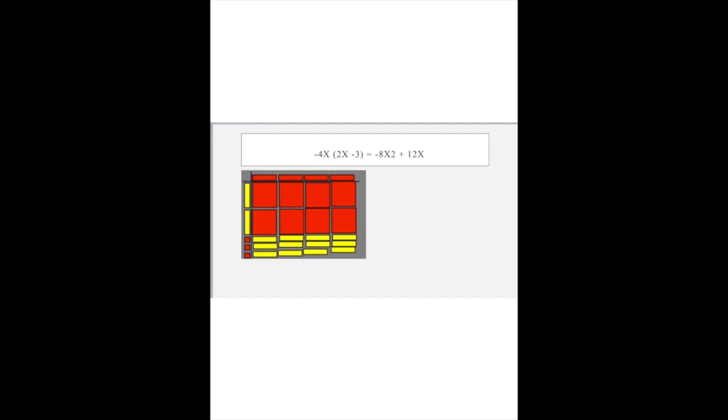If we take a look at it here, this should be a squared term, so let's rewrite that as negative 8x squared. 4x times 2x gives us that negative x squared. Negative 4x times 3x gives us that plus 12x. And so this is what we'll end up with as our final answer, giving it a visual representation through algebra tiles.